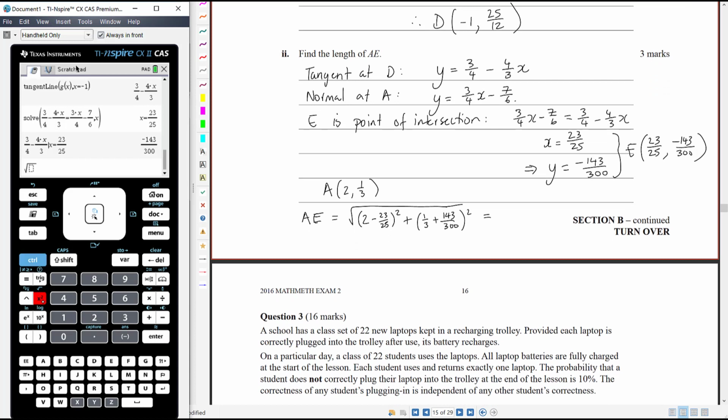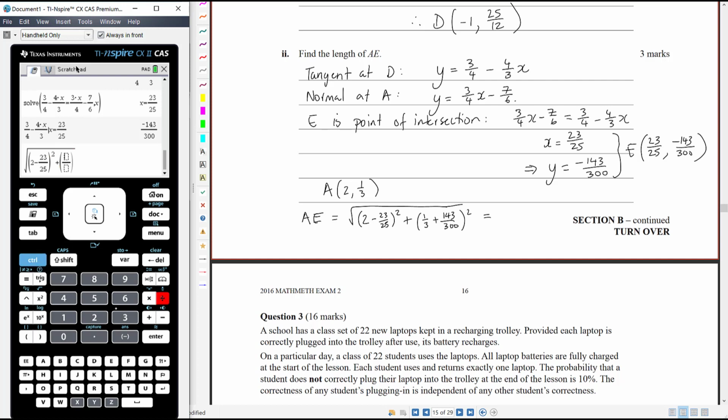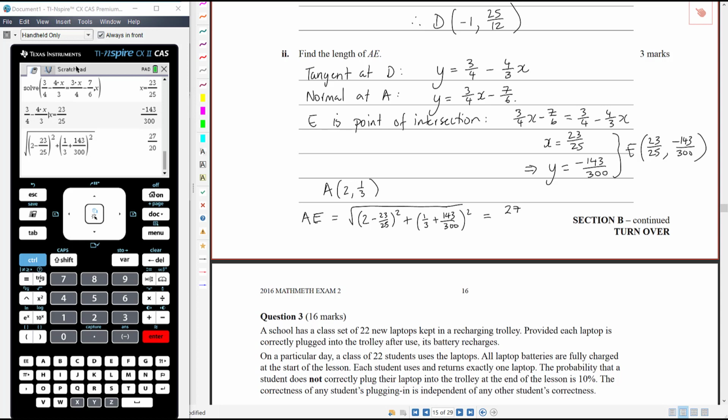Square root of 2 minus 23 on 25 squared plus 1/3 plus 143 on 300 squared. And that is 27 on 20.